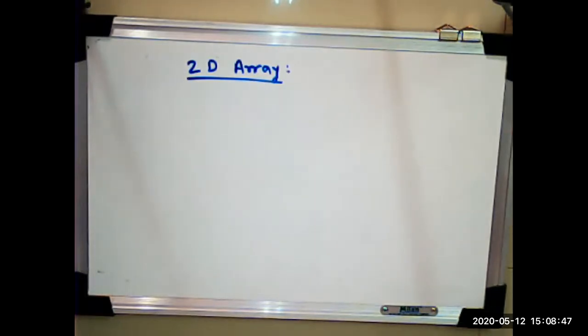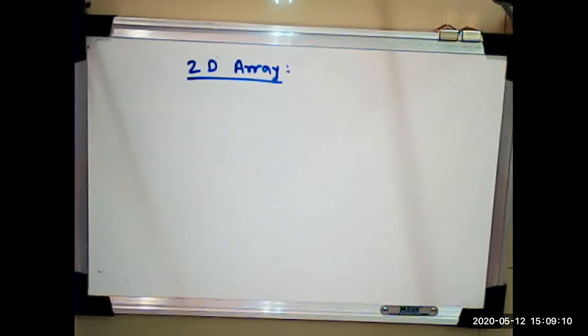So today you will see how the two-dimensional array is declared, then how it is initialized, and then we'll see some C programs for the two-dimensional array. Two-dimensional, as the name indicates, has two dimensions.